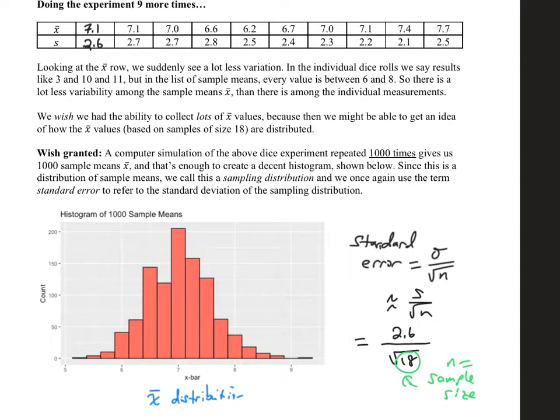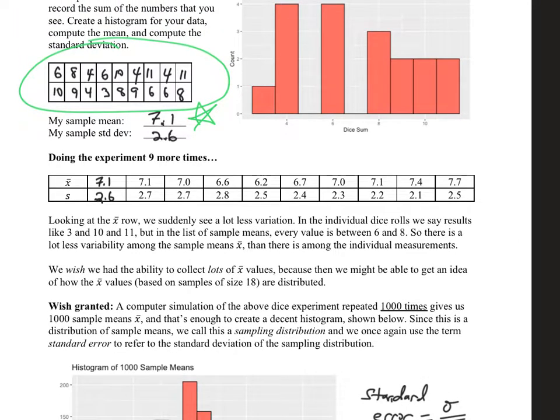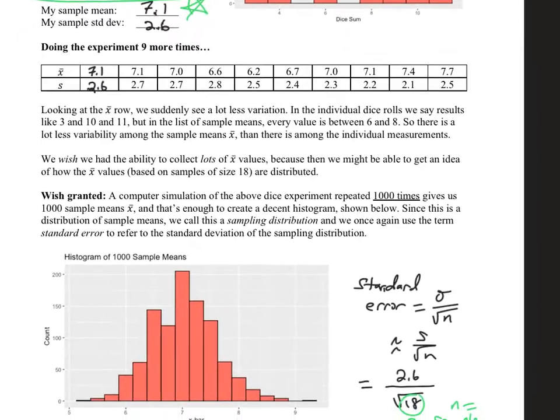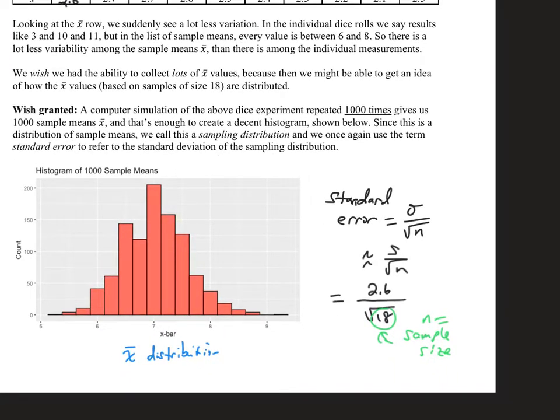And the sample here is this. This is our sample. We're sampling 18 numbers and coming up with this sample mean. So our sample size is 18, and then 2.6 over the square root of 18 is about 0.6.